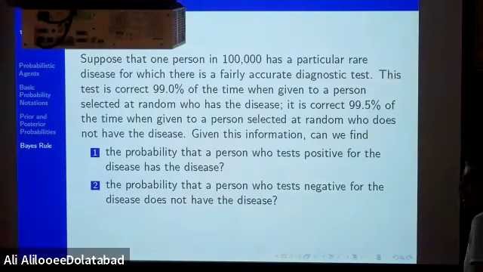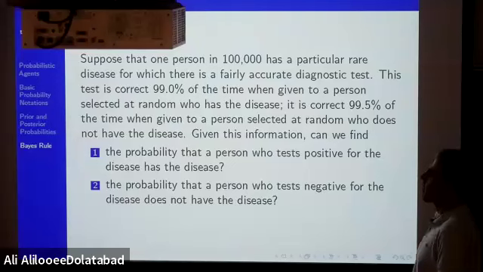This test is correct 99% of the time when given to a person selected at random who has the disease. It is also correct 99.5% of the time when given to a person selected at random who does not have the disease.